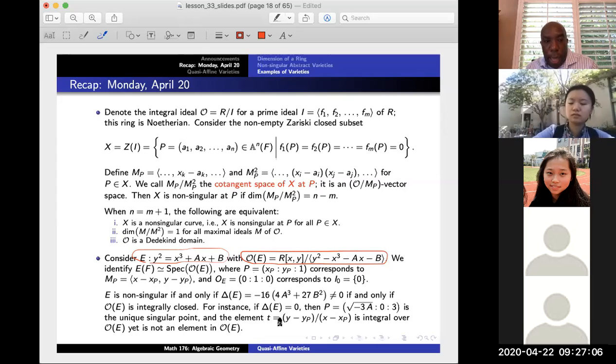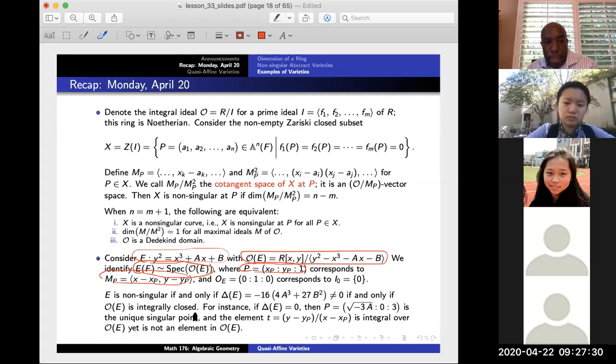So remember that we can actually think of spec of the coordinate ring as the points on the elliptic curve by doing 2 things. Every affine point, P, corresponds to this maximal ideal, MP here. Right, so notice I have x minus xp and y minus yp, so they're the generators.